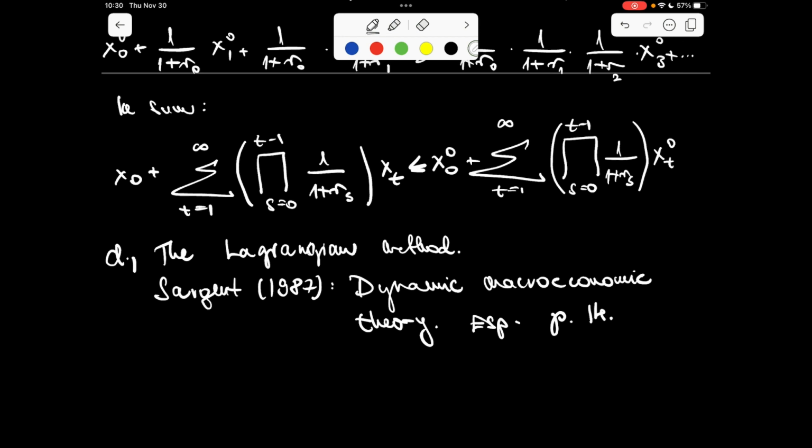Okay, so I am going to use Tom Sargent's framework to work out this problem.